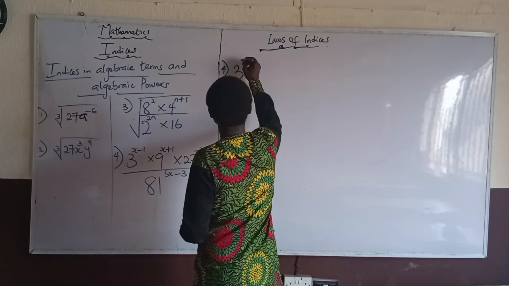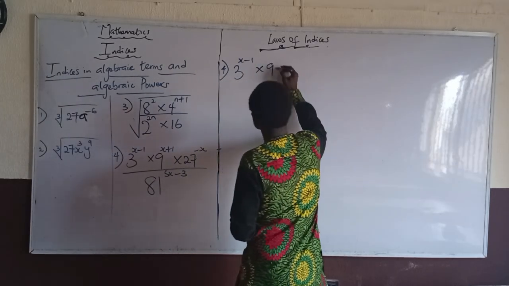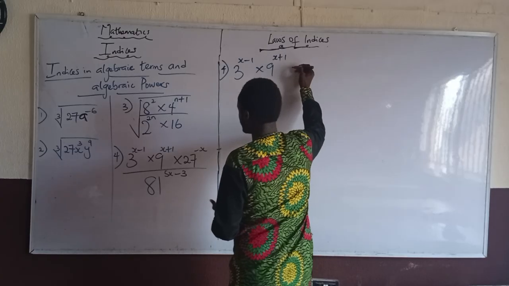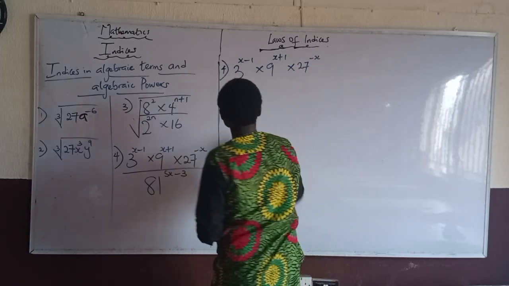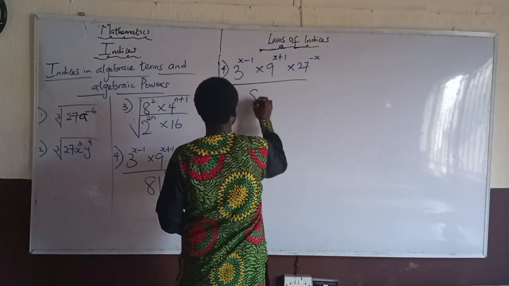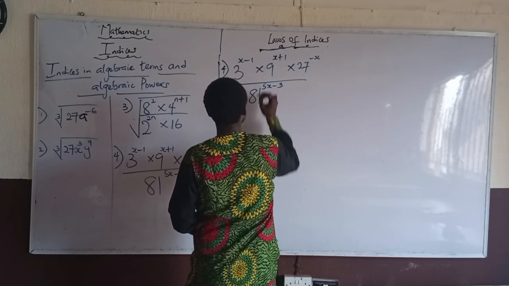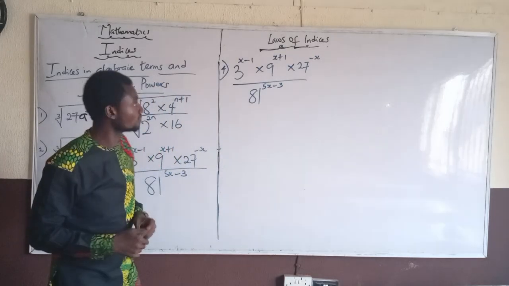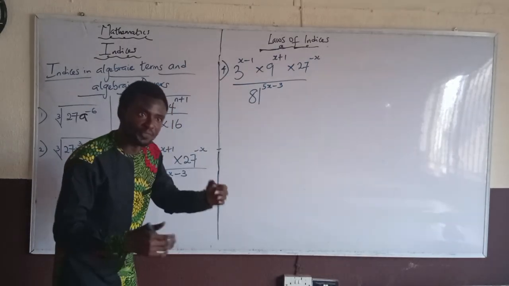I have 3 raised by x minus 1 times 9 raised by x plus 1 times 27 raised by minus x divided by 81 raised by 5x minus 3. So this is number 4. Now all these numbers are multiples of 3.